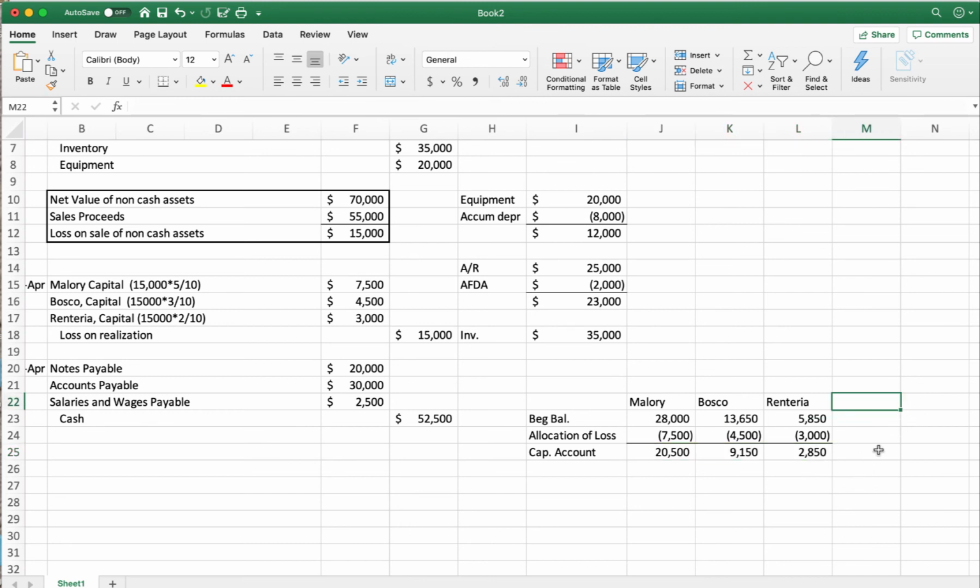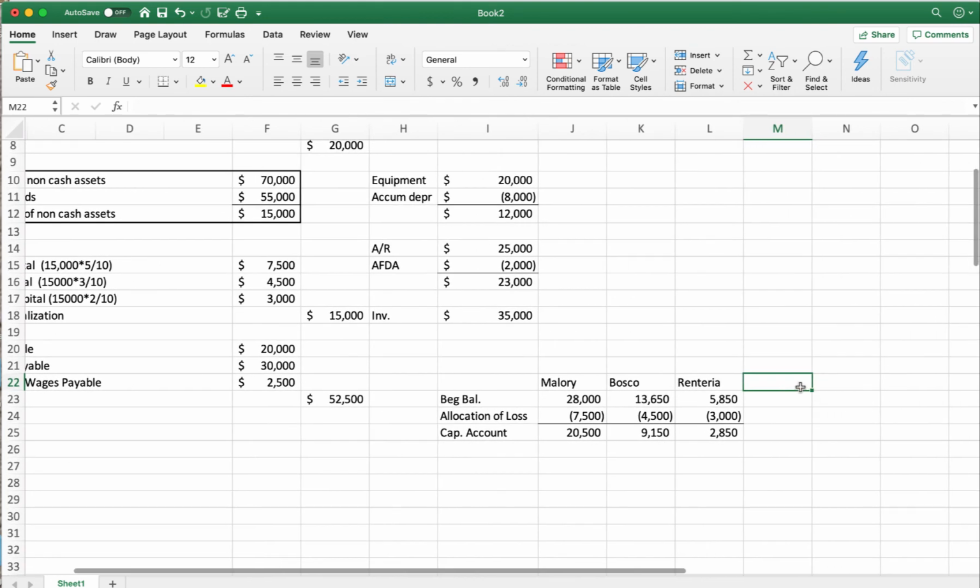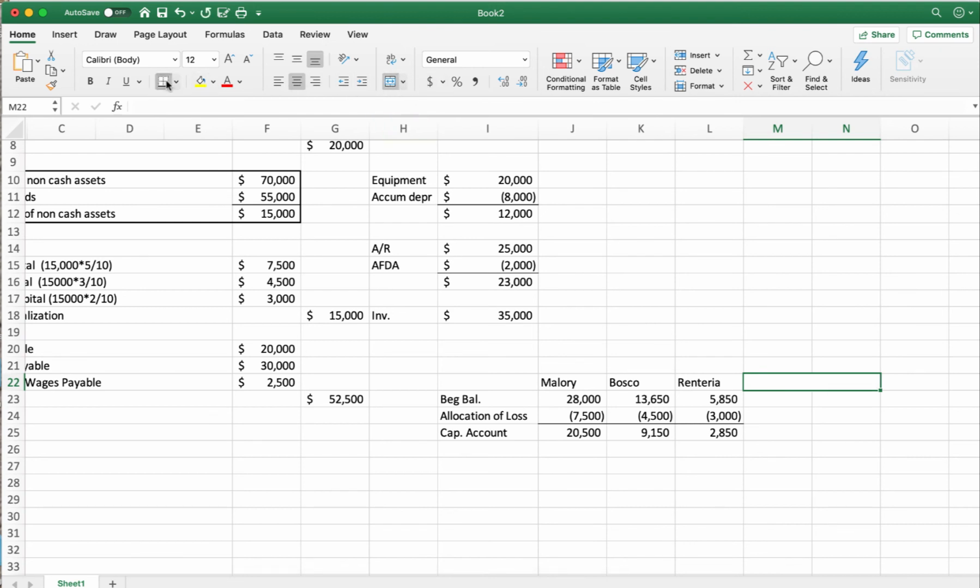Okay, so let's think about it this way. We're going to do a T account for our cash, and the reason why is because I want to show you that we are allocating all the cash that's left. First of all, we sold all the non-cash assets, right? We got cash for them. What's the only asset sitting in the organization right now?